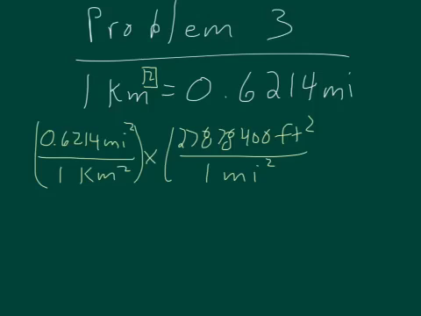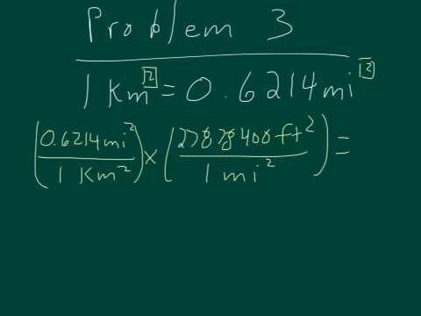I forgot that one, and I forgot that one. I apologize, you have such a horrible math teacher. I'm so sorry. All right, so if we write it like this, this should look like what we did with problem 1 and problem 2. We're going to do exactly the same things. What I want you to do is multiply everything on top, divide everything by the bottom.